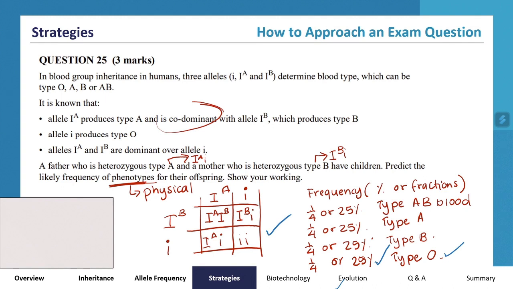So it's not enough for you to say, oh, 25% IA little i. That's not a phenotype. You're not answering the question. So make sure you are answering what they ask you.